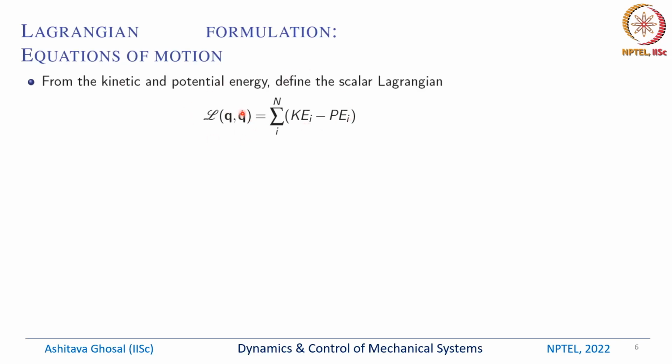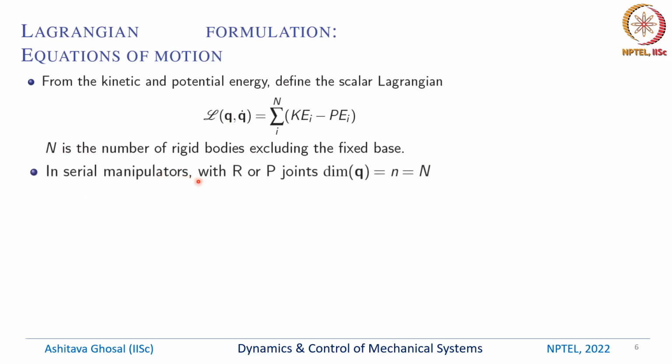And this Lagrangian is nothing but KE minus PE. So for each link, we find KE_i and the potential energy of the ith link. Then we subtract these two and then we sum over all the n links which are part of the rigid body chain. Okay. So in this case, this n does not include the fixed base. Okay, because the base is not moving.